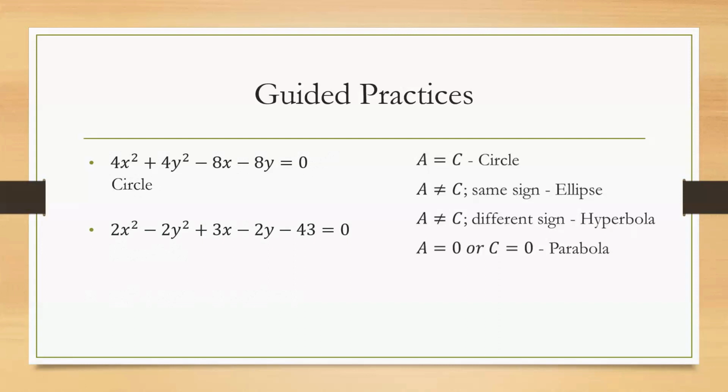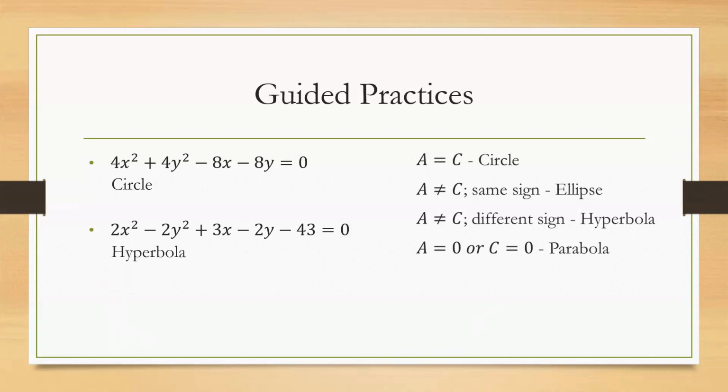Next, 2x squared minus 2y squared plus 3x minus 2y minus 43 equals 0. So maybe at first we think that it might be a circle because we could see that the x squared and y squared both have 2. But actually, this is a hyperbola.